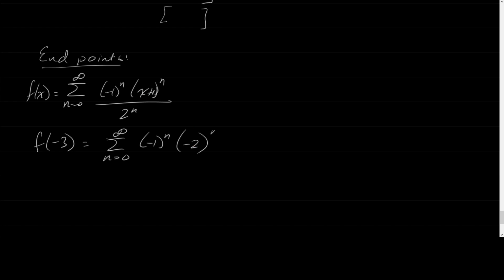So I have -2 to the n over 2 to the n. But notice here that all these are to the power of n. So what we can really say here is we have the series from 0 to infinity of everything to the n. And what is everything? -1 times -2 over 2. But -1 times -2 is just 2. And 2 over 2 is just 1.